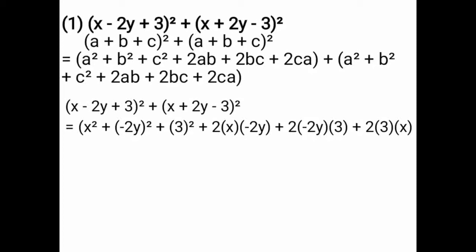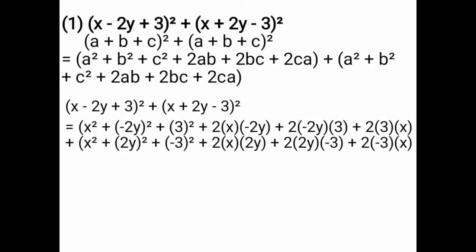Now expand the formula for the second bracket: plus x square plus (2y) square plus (minus 3) square plus 2x into 2y plus 2 into 2y into minus 3 plus 2 into minus 3x.